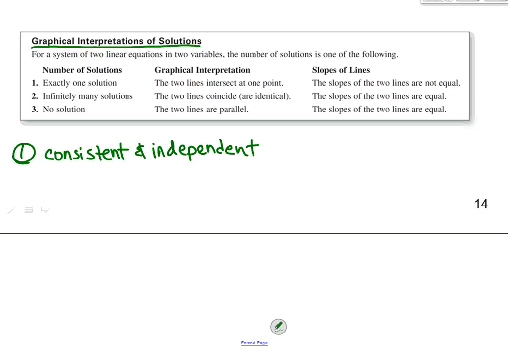Consistent and independent. Consistent means it has at least one solution.